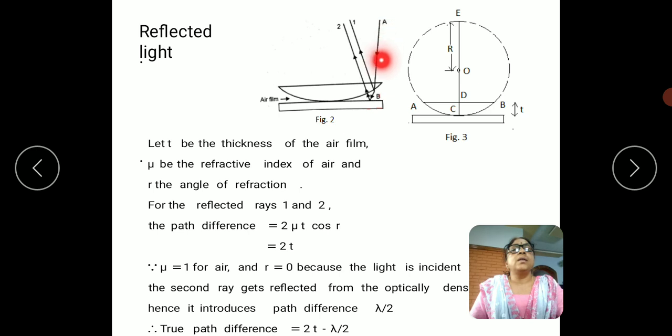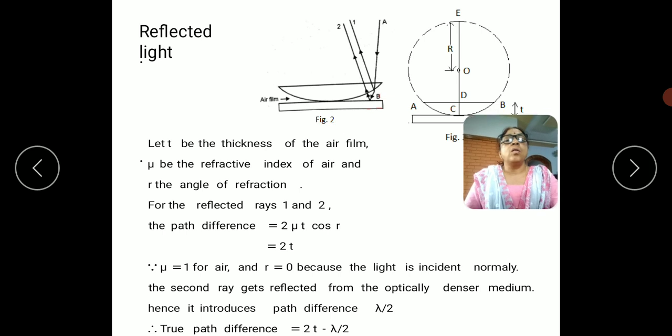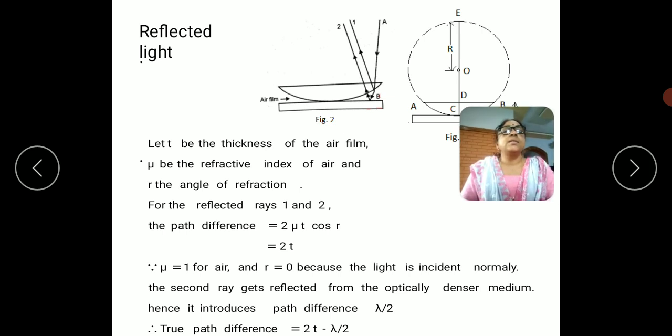The ray after refraction from the glass plate G is incident normally, therefore r equals 0. And the second ray gets reflected from the optically denser medium, hence it introduces the path difference lambda by 2. So due to this addition, the true path difference is equal to 2t minus lambda by 2.